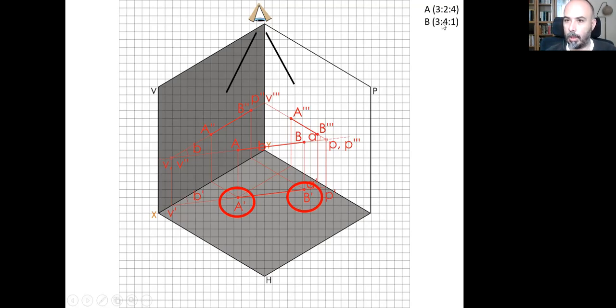It is 4 interval for point B and 1 distance for point B. So when we locate these two points, A prime and B prime, the important thing is to combine them with an actual line, and we get this line segment. And we can easily say that AB is equal to A prime B prime. They are exactly the same, the size, everything is the same.